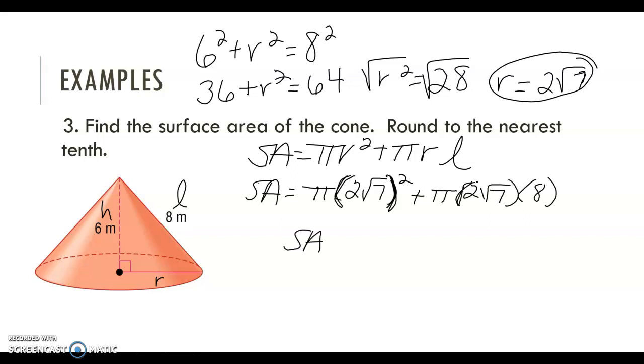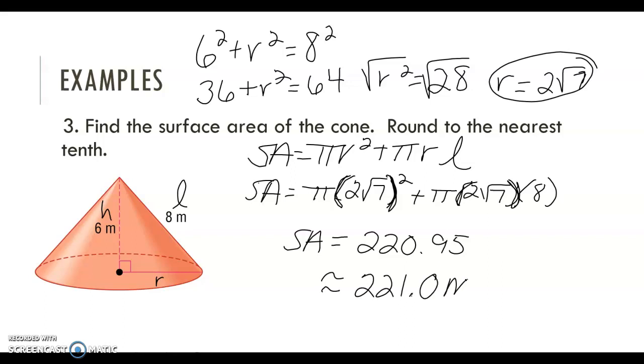Again, be careful with the parentheses here for this 2 square root of 7, or divide it up if you need to. And you should get 220.95, which if I'm rounding to the nearest tenth, is 221.0 square meters for that surface area.